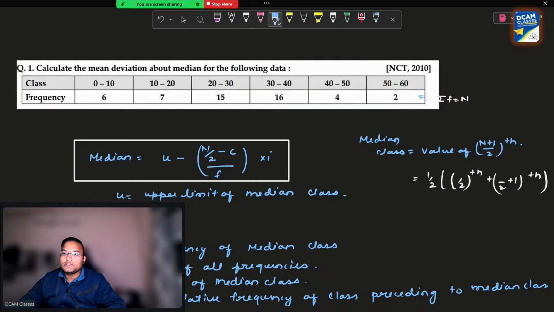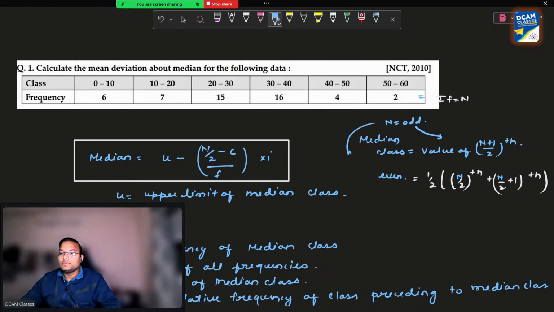Haripriya already knows this from yesterday's class. If this n value comes out to be odd, you have to use this formula.